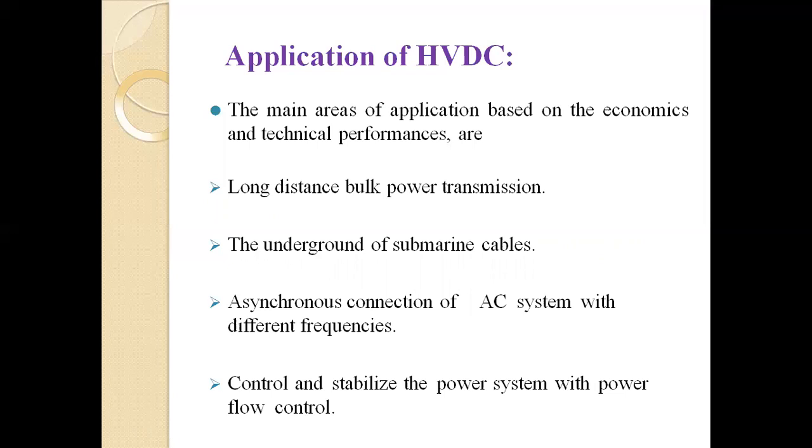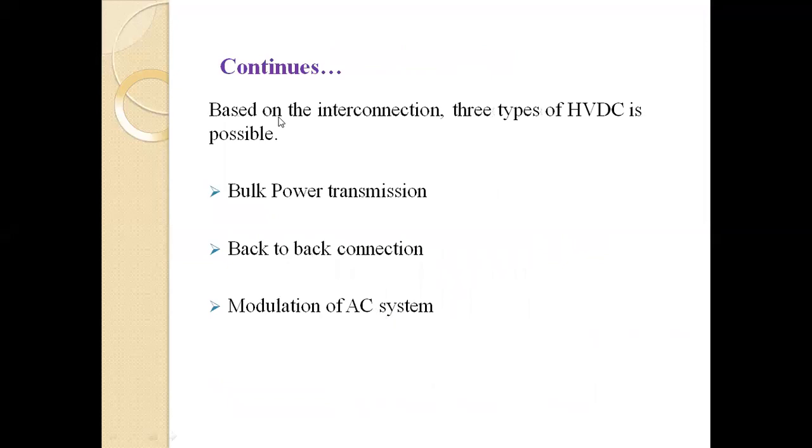For submarine cables, we can use the HVDC transmission line. Third, asynchronous connection of AC systems with different frequencies. We can connect two systems of different frequency by using an HVDC link. Last, control and stabilize the power system with power flow control. We can control the power flow and stabilize the power.